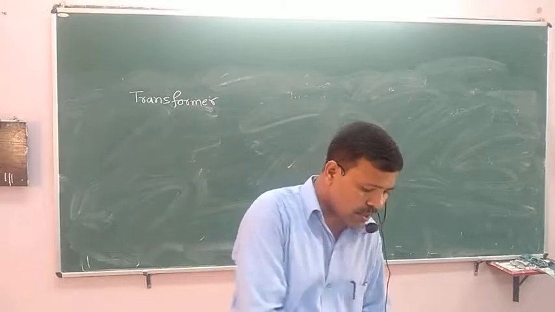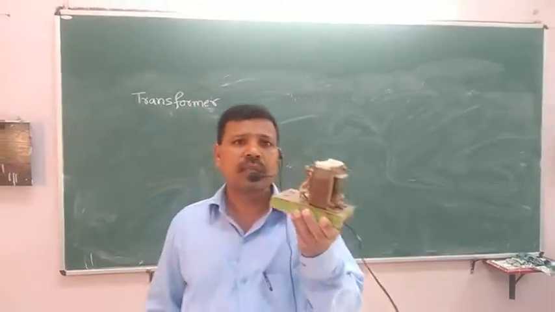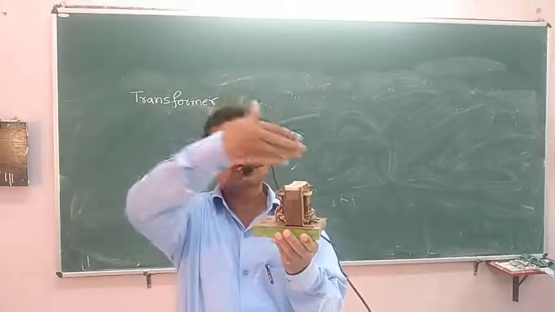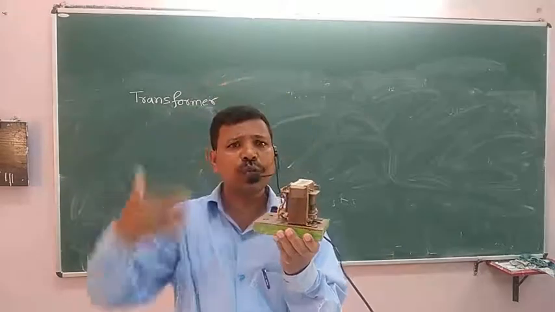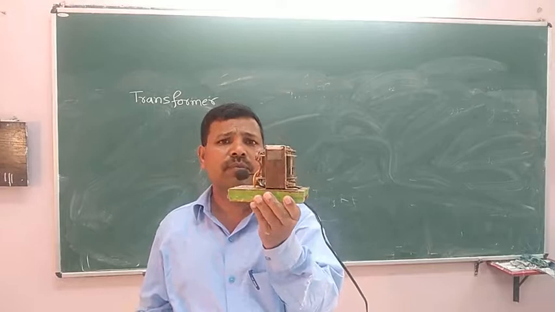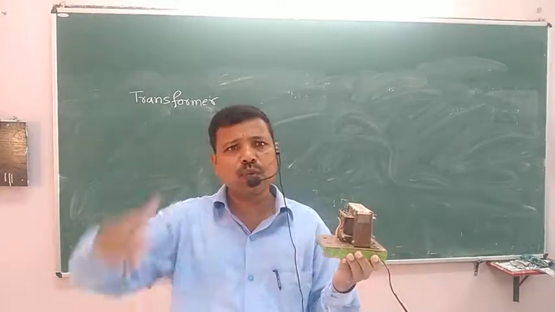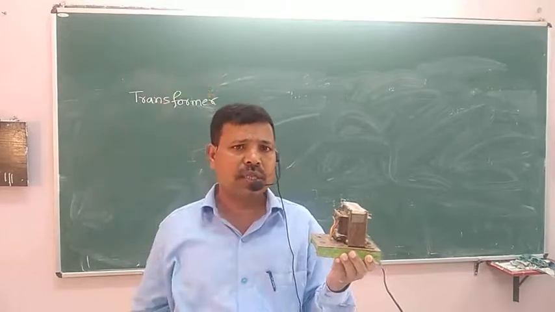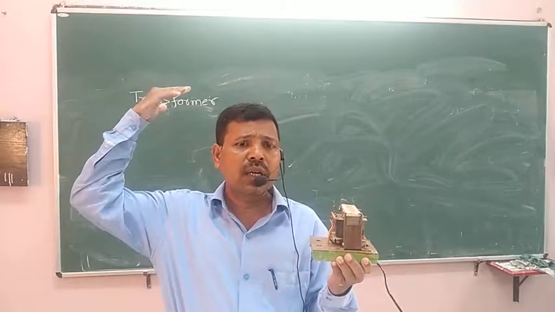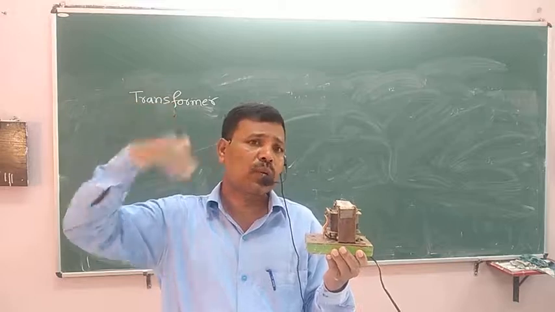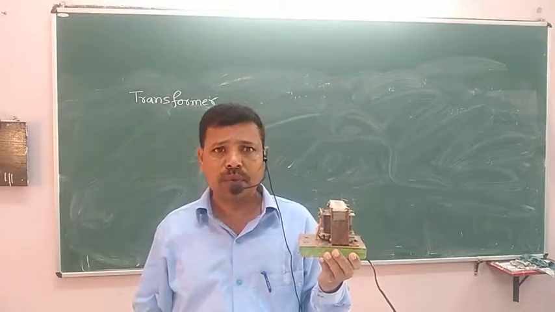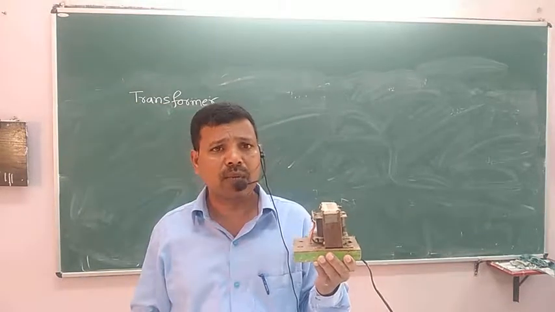Here also there is a transformer. This converts 220 AC volt into 12 AC volt. This is a small transformer. The big transformers are used near the villages to convert the 11,000 volt into 220 volt. That is a step-down transformer.